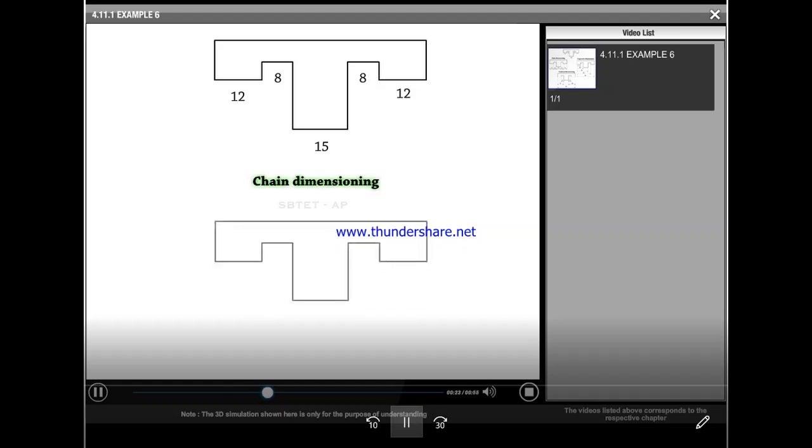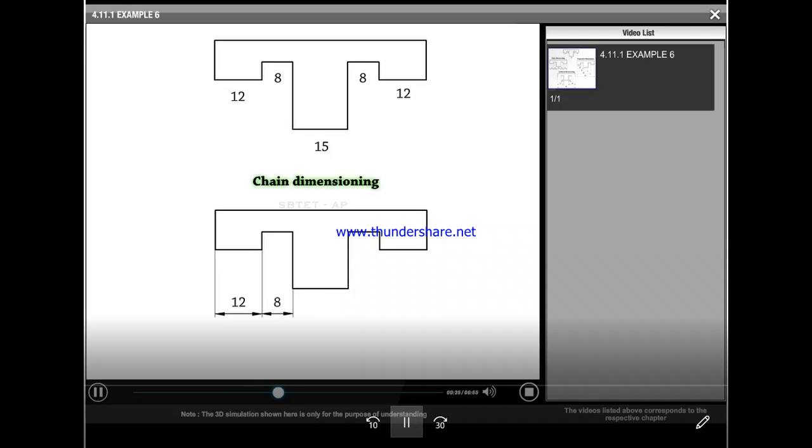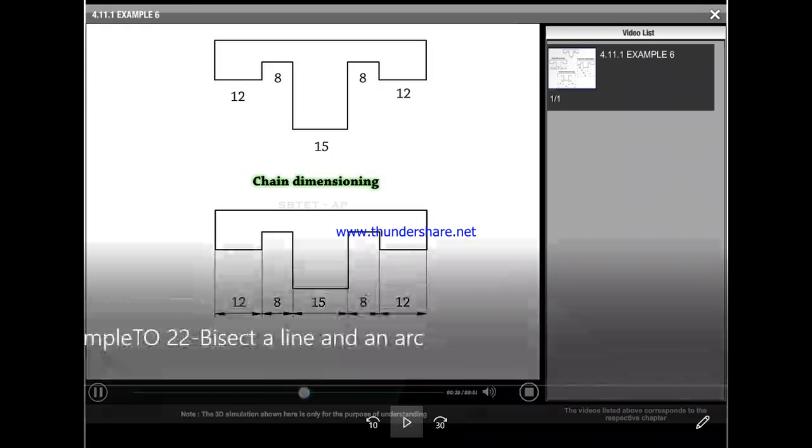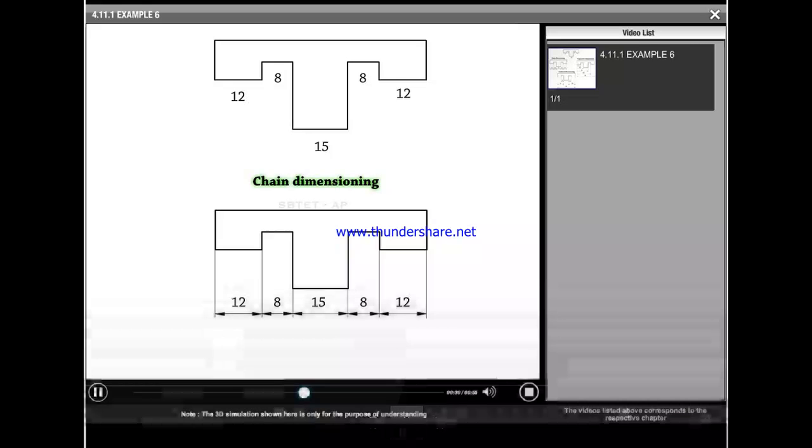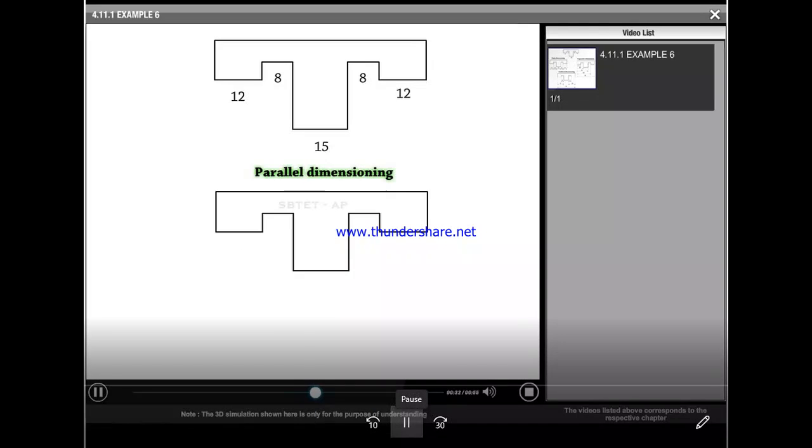In chain dimensioning, all the dimensions are to be shown continuously one after the other. In parallel dimensioning, the dimensions are to be shown with a common origin.